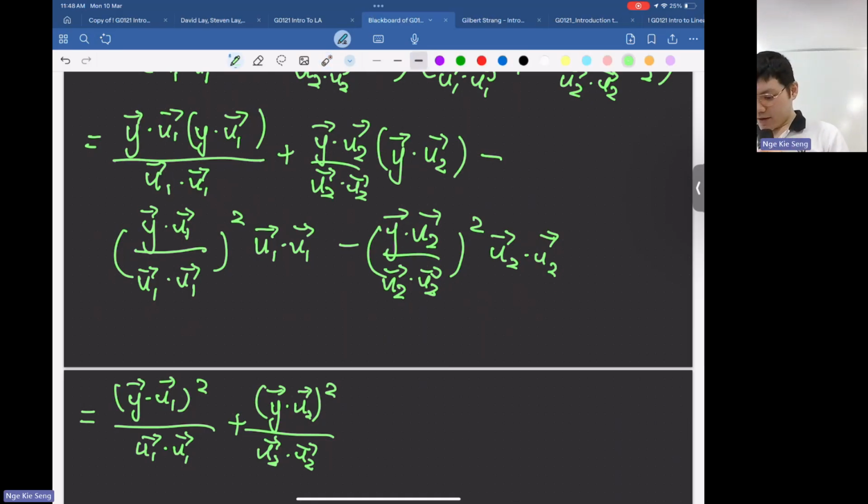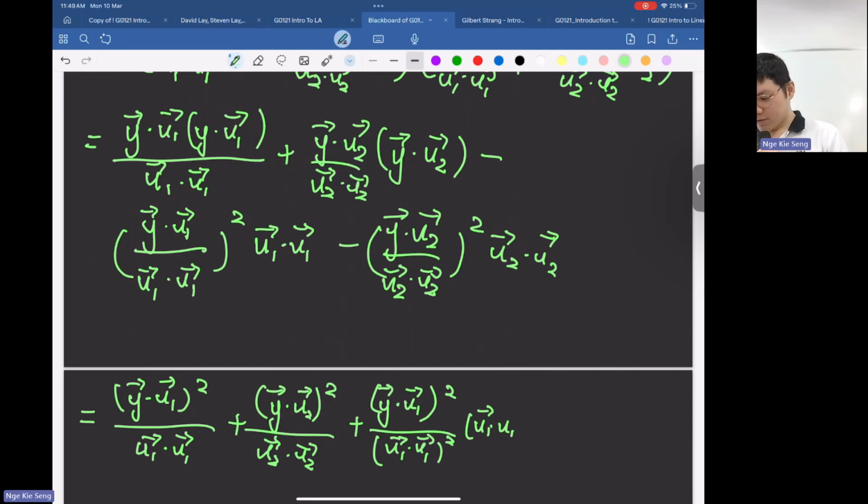If I expand the power out, what did you see? y dot u1 over u1 dot u1, squared, but you are multiplying by u1 dot u1, so they will cancel. Similar for the next term.